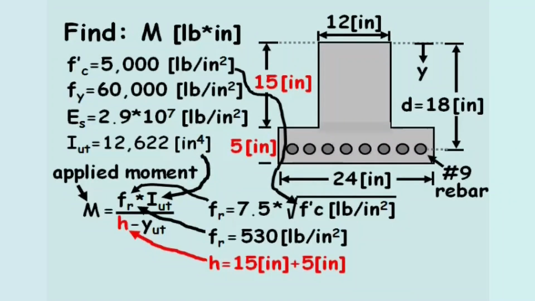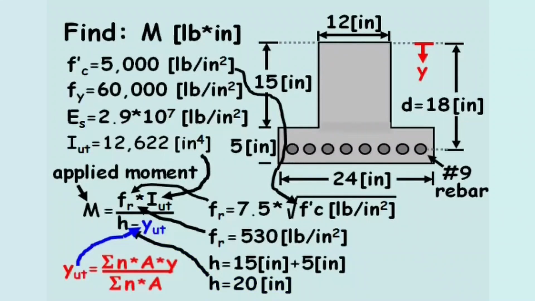The last variable we need to solve for is the depth to the neutral axis, y sub ut, which equals n times a times y summed for all parts in the cross-section divided by n times a summed for all parts in the cross-section.